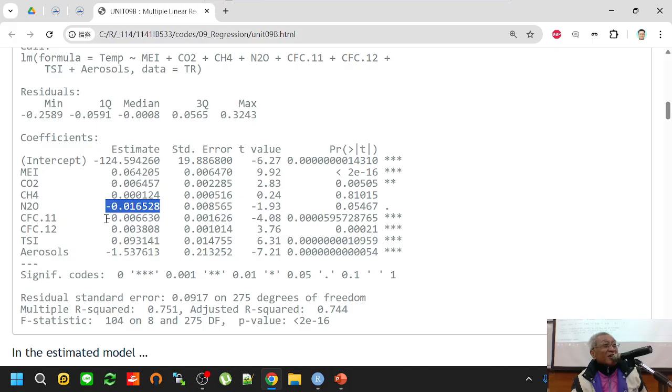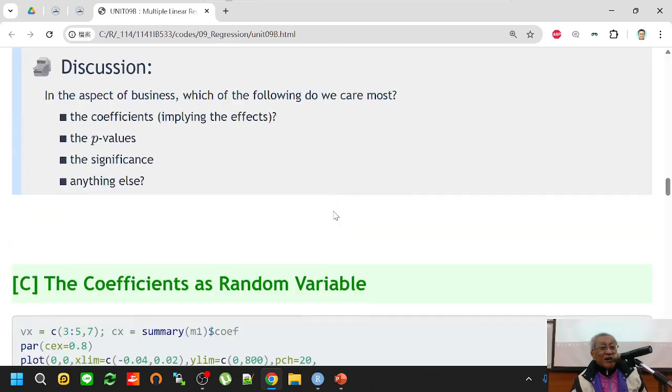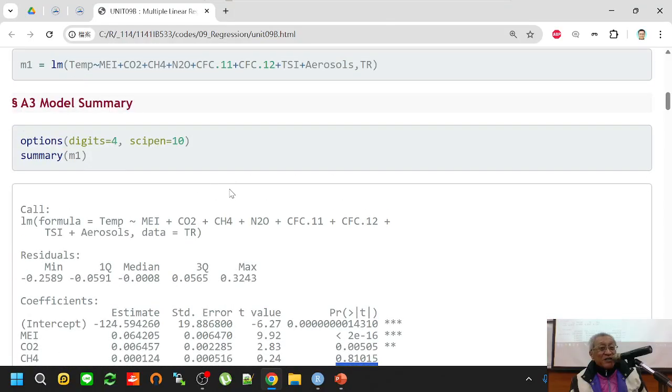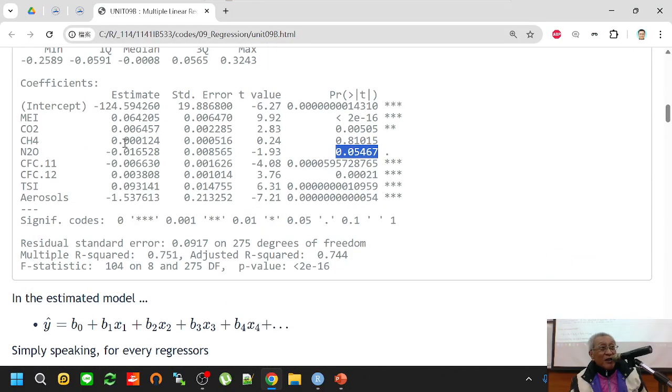Why does it have the largest coefficient and yet is barely significant? As I told you, all of these coefficients have an expected value, and the summary estimates not only the expected value, but also what?